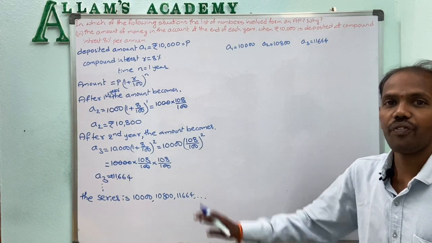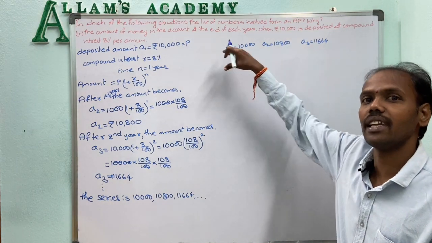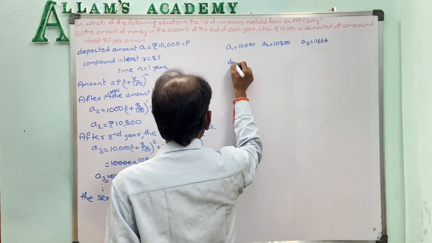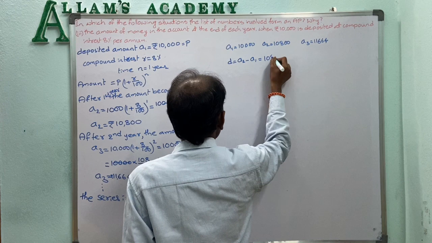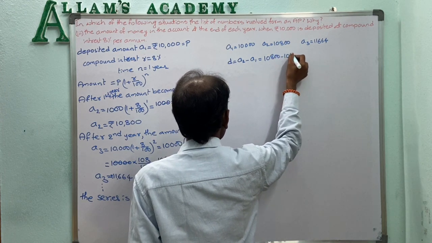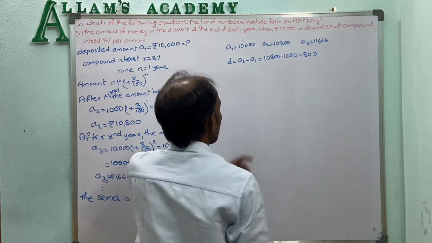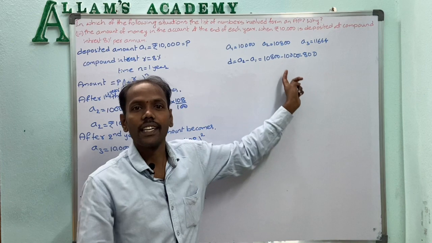Now here we find the common difference. If the common difference is equal, then it forms an AP. So the common difference D is equal to A2 minus A1, that equals 10,800 minus 10,000, that is 800.